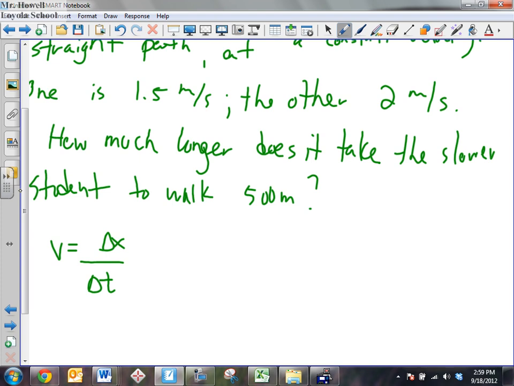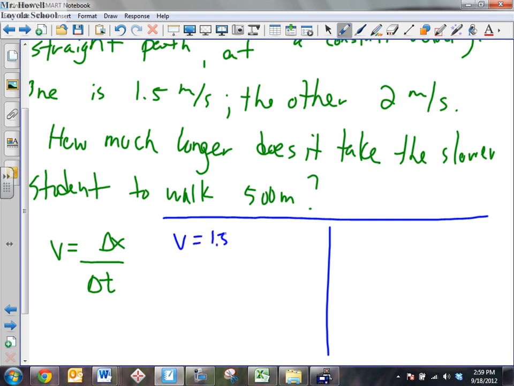Okay? Now, let's break it up into two parts. We'll do student one over here. This guy has a velocity of 1.5 meters per second. And this person has a velocity of 2 meters per second. Let's call them V1 and V2, please, indicating the first student and the second student.